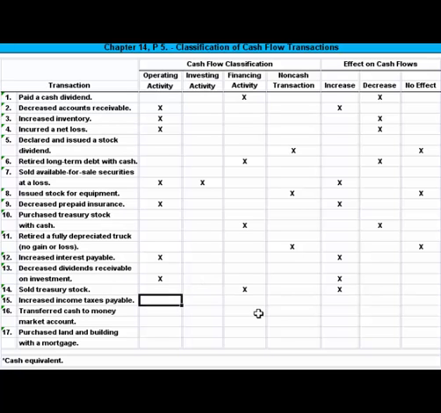Okay, increase in income tax payable. Now, we've been through a couple liabilities. I expect to see this as an increase in cash flow. Again, I think our authors have that wrong, and it's an impact on operating activities.